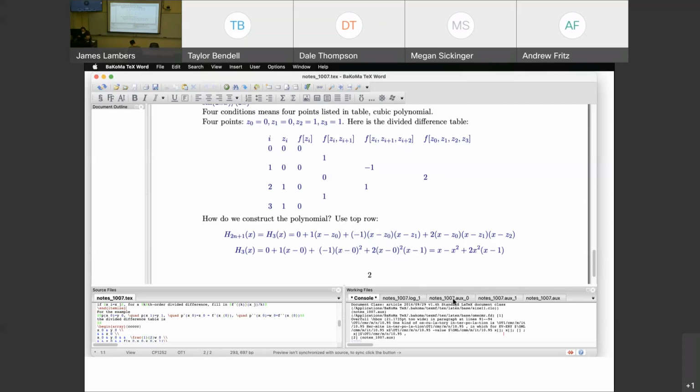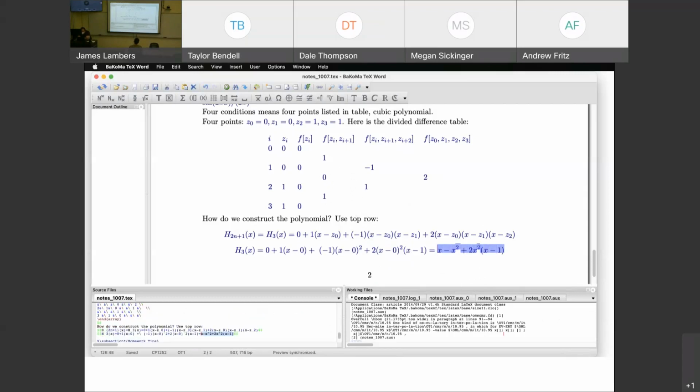So again, this is exactly the same procedure as regular Newton interpolation, when all the listed values are distinct. So now I just fill in all my divided differences and all my centers, and work out the polynomial, and this is what we get in this case.